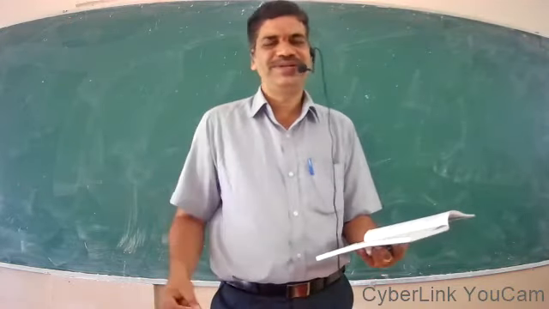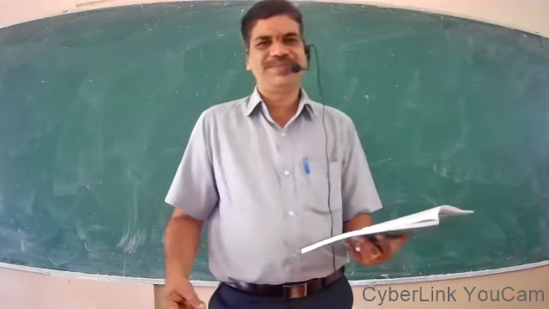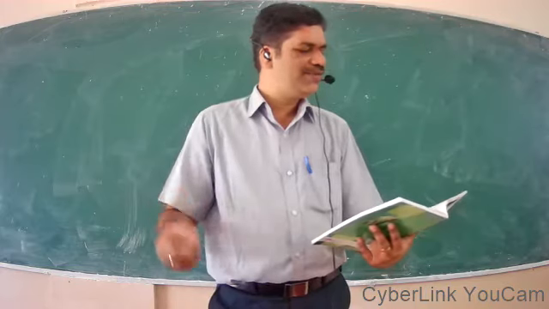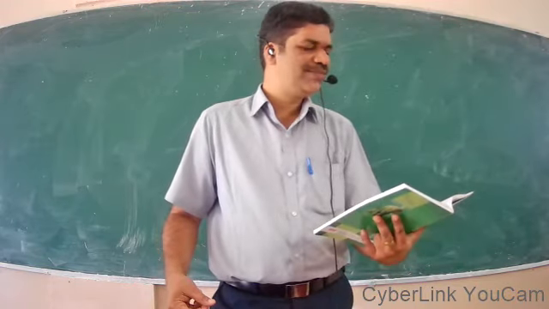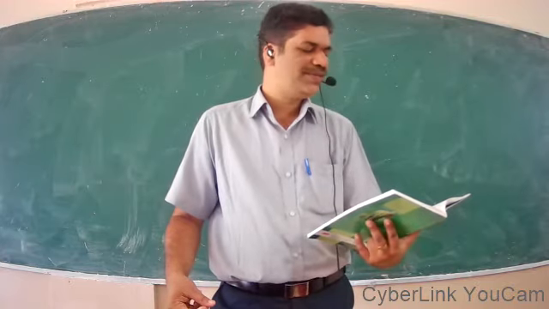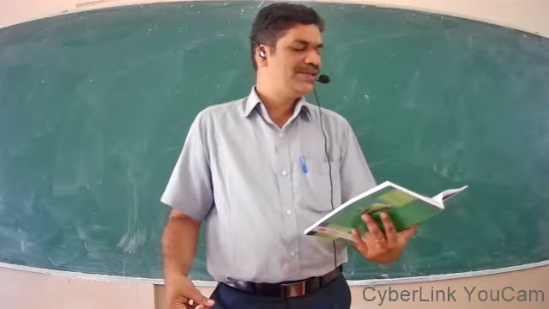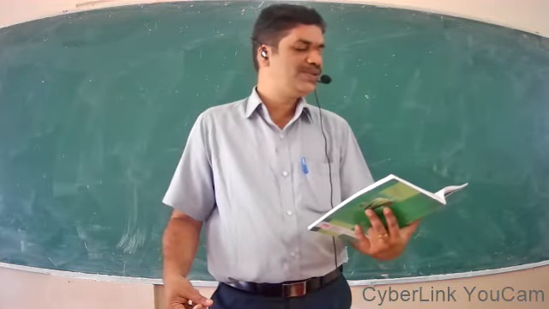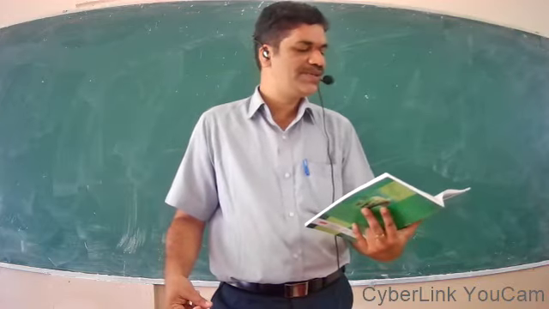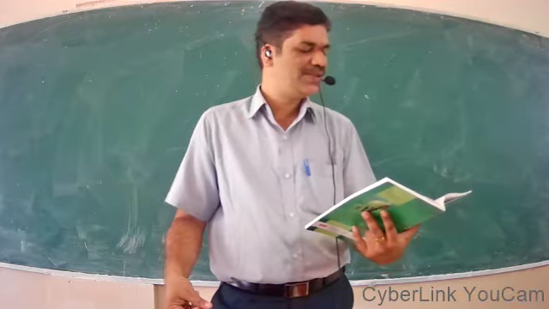The method is very simple, and based on this we'll take a problem. The following is the balance sheet of X Company Limited as on 31st December 2014. Assets include goodwill 50,000, other fixed assets 4,40,000, current assets 2 lakh, preliminary expenses 10,000.